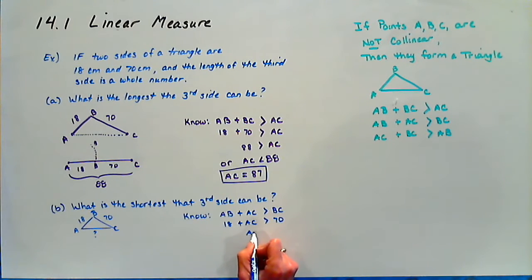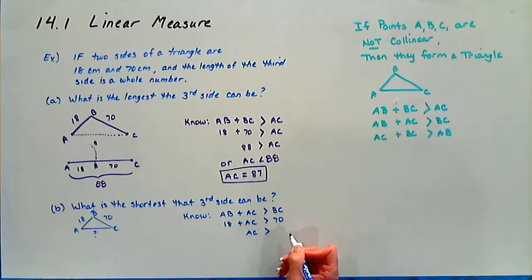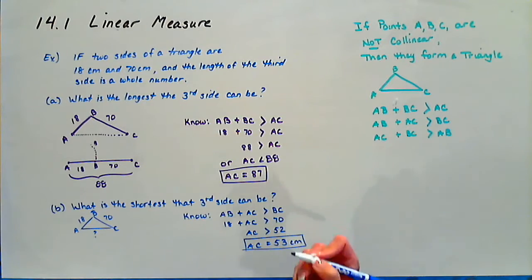So if I subtract 18 from both sides, I know that AC has to be greater than 70 minus 18, 52. So in this case, what's the smallest whole number greater than 52? Must be 53 centimeters. This should also be centimeters. So that's how we can use that triangle sides theorem.